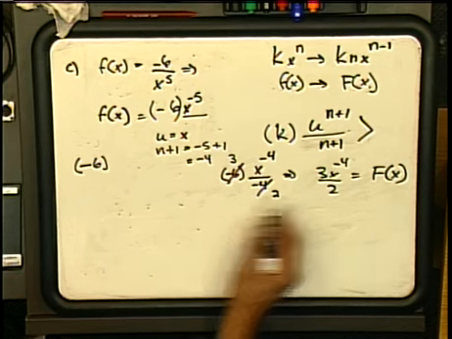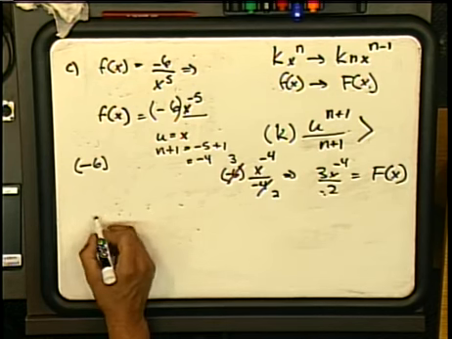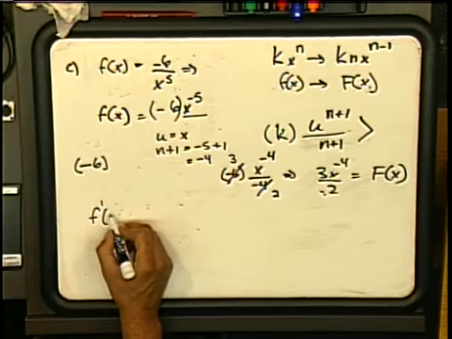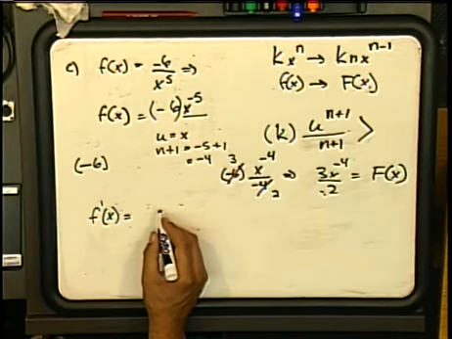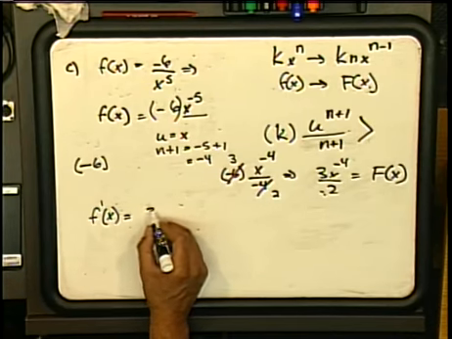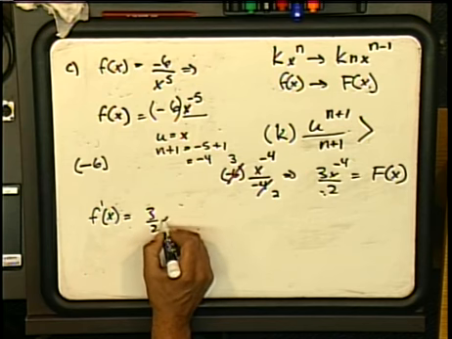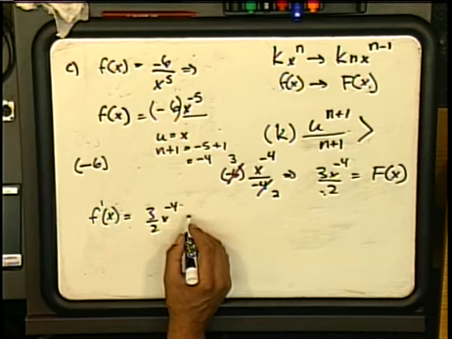we will take the derivative of this, which is, we have 3 halves x to the -4.